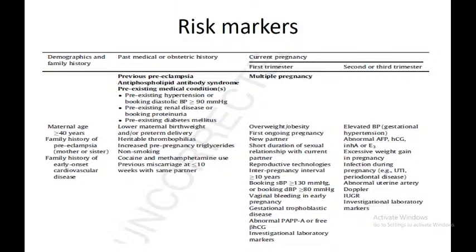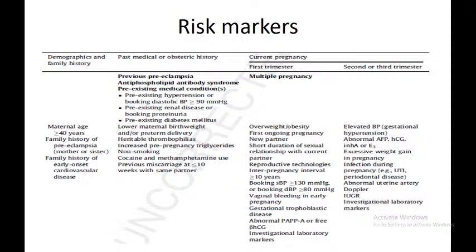And coming to the second or third trimester, a few of the cases of gestational hypertension might progress to preeclampsia. And of course, there is alteration in values like alpha-fetoprotein, HCG, inhibin A or estriol. And if a woman develops excessive weight gain in pregnancy, again this is also considered to be a risk marker.